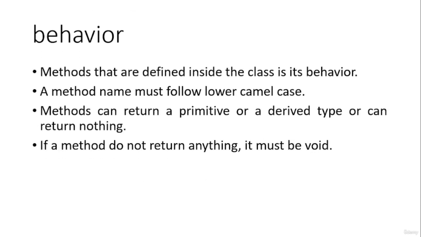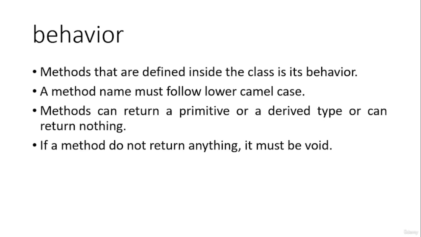Next we will discuss behavior. Behavior means methods in Java. We have already seen that we have created some methods under the class. These methods behave like behavior. For example, a bird will have some properties such as color and its wings. Another property is behavior, for example, a bird's ability to fly.